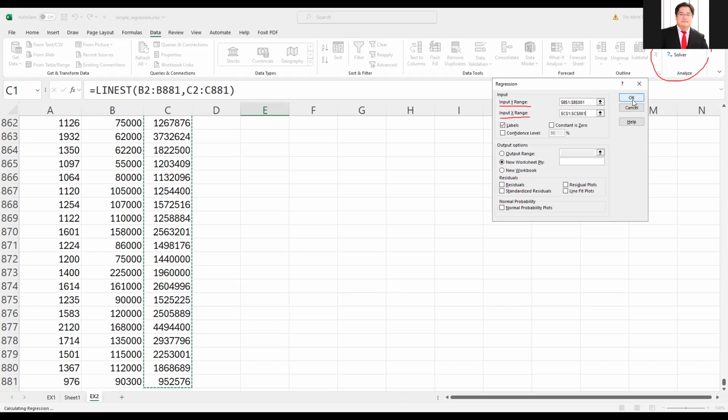Click OK. X and Y, you have to reselect again. Choose only B, not B and C. B, Control Shift Down. No, not to the right, you have to choose down. Good. Then click OK.